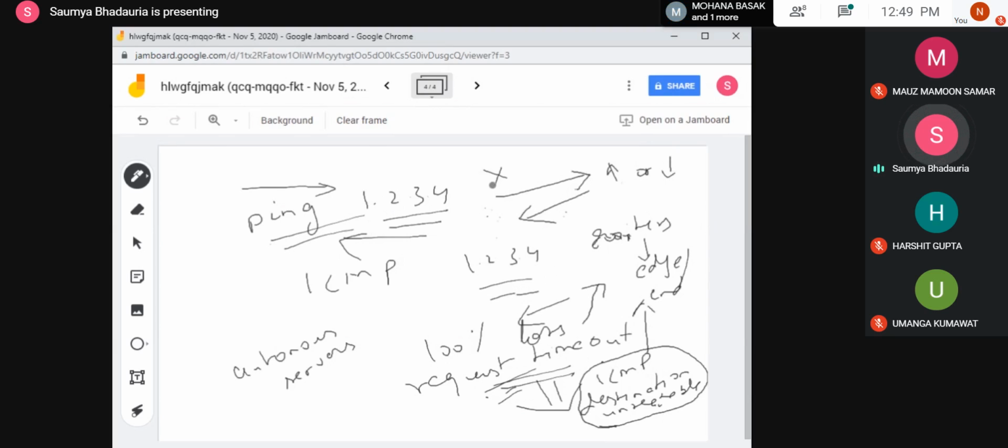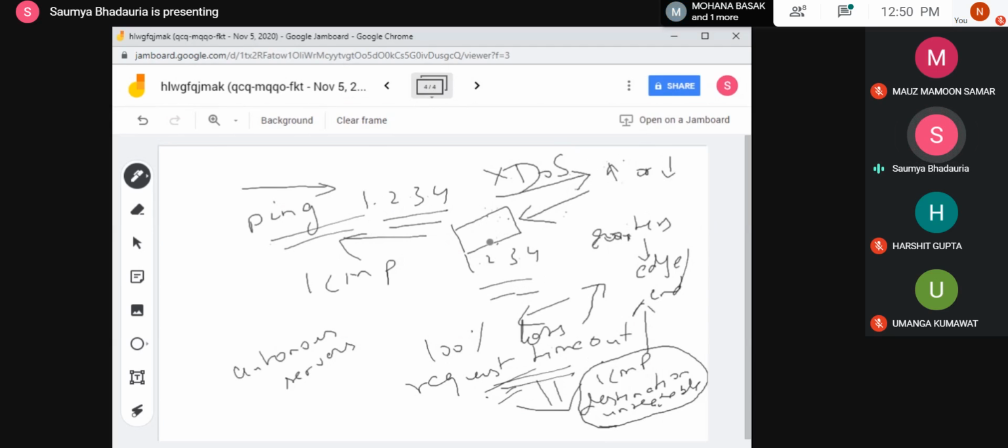Okay, so if there is any flooding attack happening into the system and a client is sending the message to the server, if the message is not delivered to the server or if some error has occurred which is possibly due to DOS, then at the client's interface there would be a message generated which is ICMP destination unreachable.